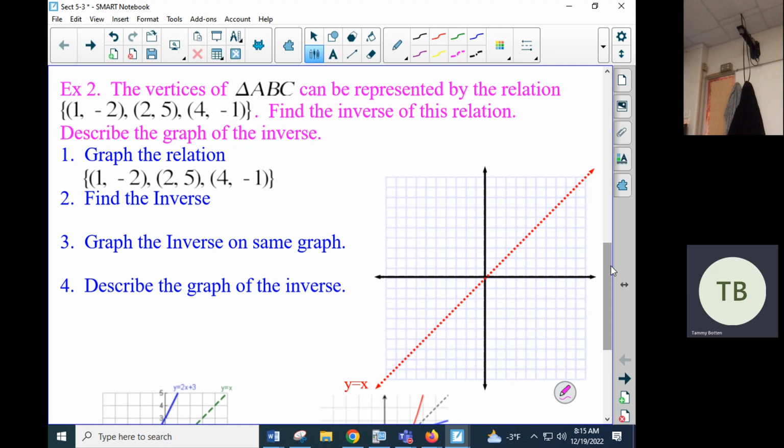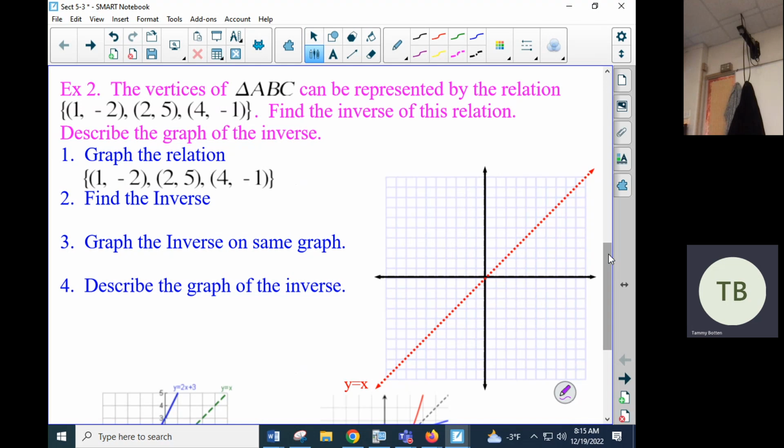This here shows us if they give you ordered pairs and you graph it on the line. Or if you graph it on a coordinate plane, so they're giving us 3 points.